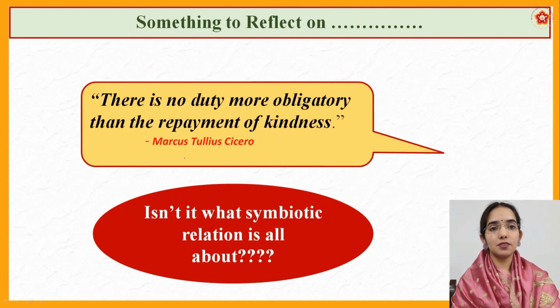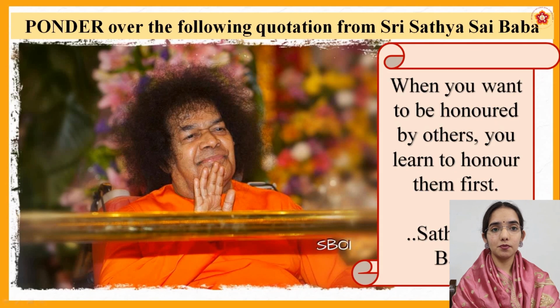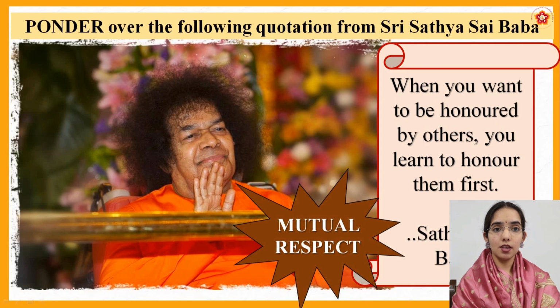All the organisms, they are helping each other, right? And Swami once said, when you want to be honored by others, you need to learn to honor them first. So Baba said this. He talked about mutual respect.